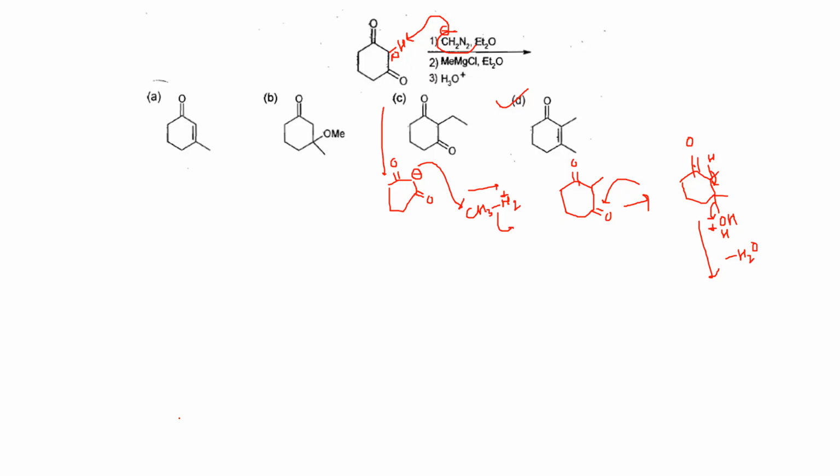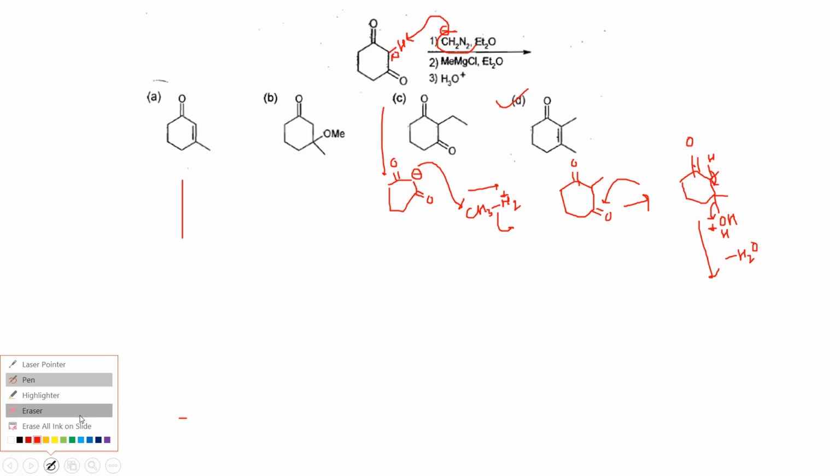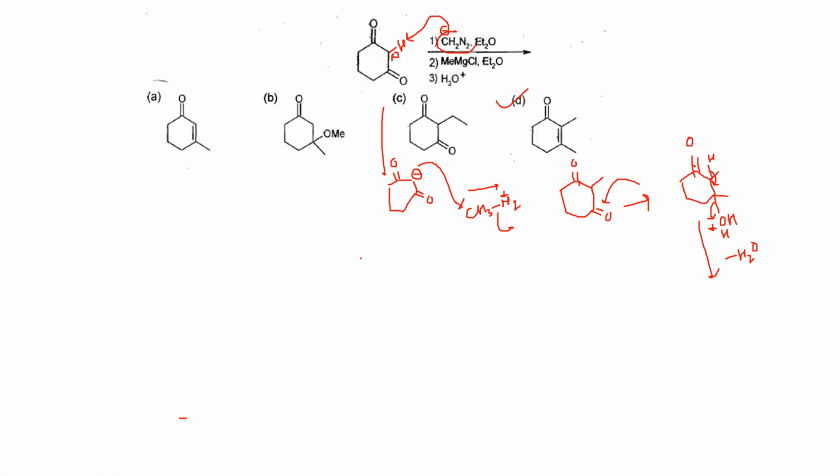This is another probability. Suppose this Grignard directly attacks this carbonyl center as a nucleophile.